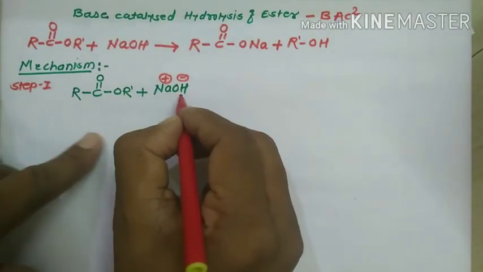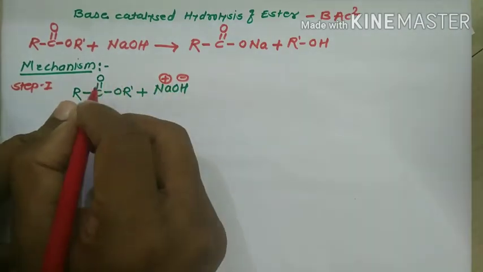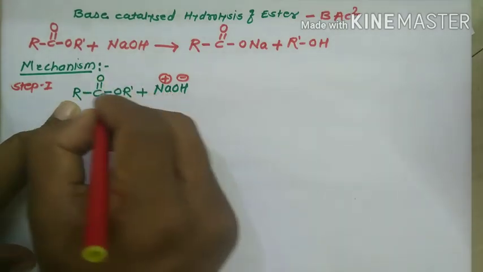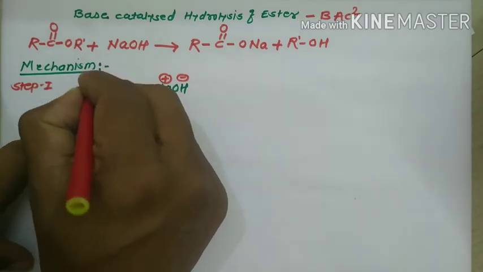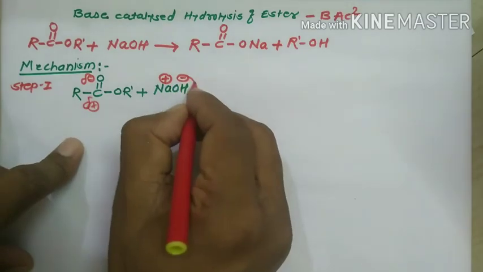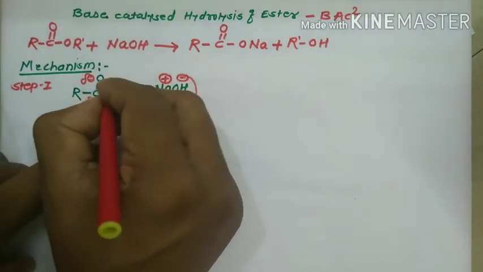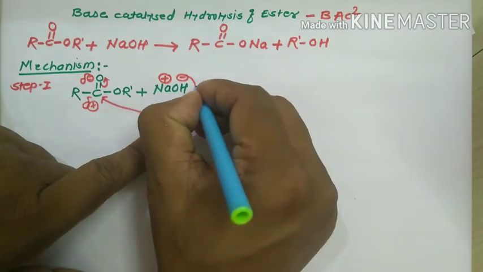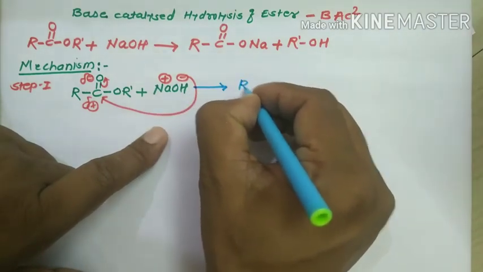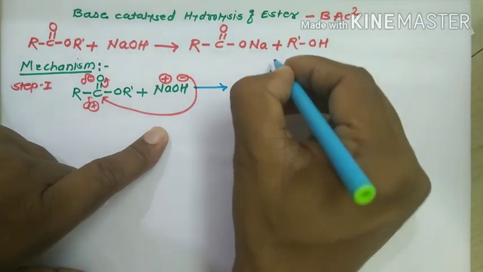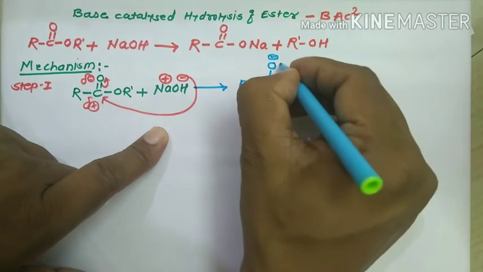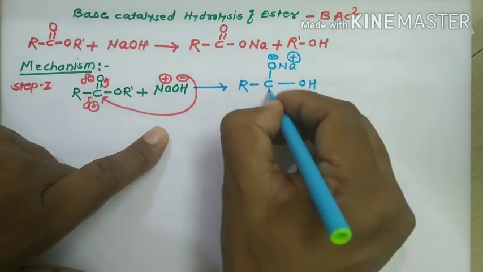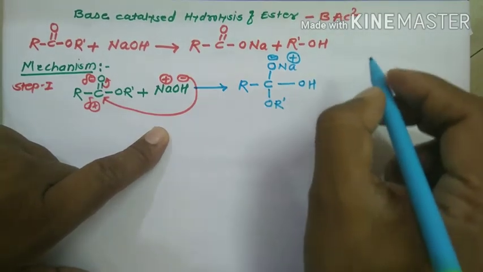The OH minus ions act as a nucleophile, donating electrons toward the electron deficient carbonyl carbon atom, that is O delta negative, carbon delta positive. The negatively charged species donates electrons toward the electron deficient carbonyl carbon to form a tetrahedral intermediate like R-C-O minus Na plus ion, OH, OR dash.